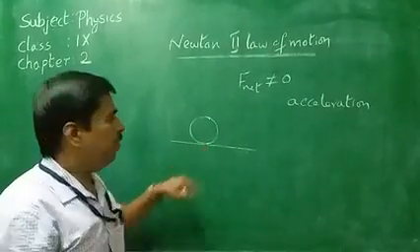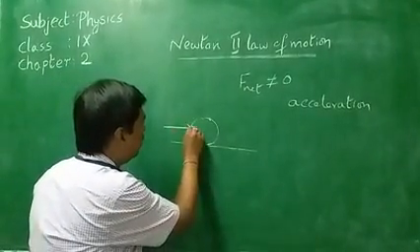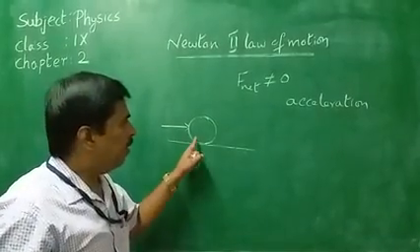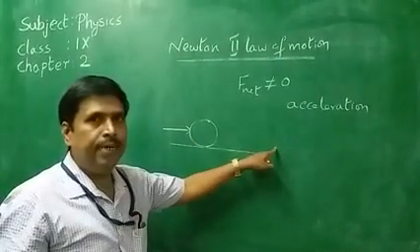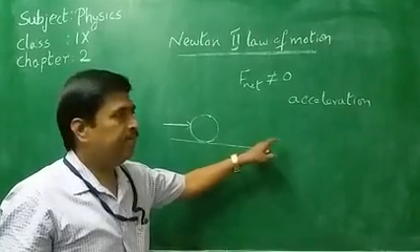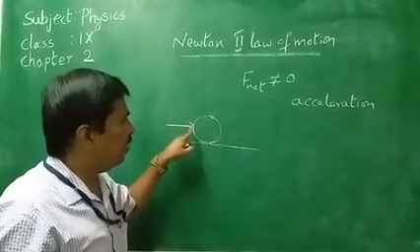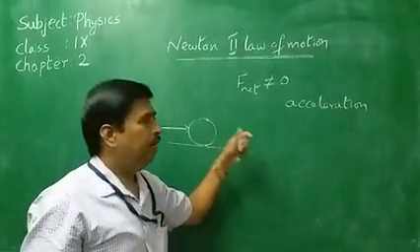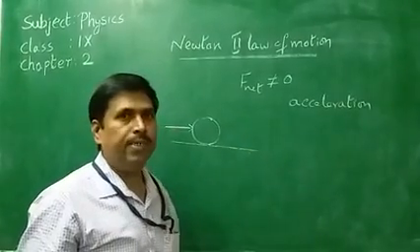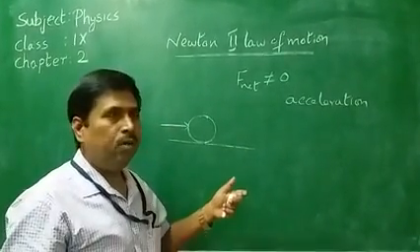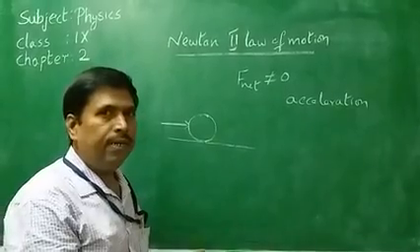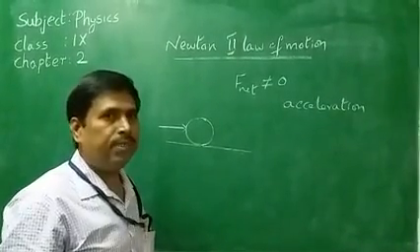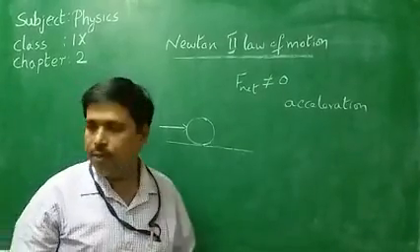Whenever you apply a net force on the object, the ball moves with acceleration. It moves very fast. So whenever you apply a force, the object changes its position. So acceleration is produced in the object. Based on this, Newton explained the second law of motion through a concept.